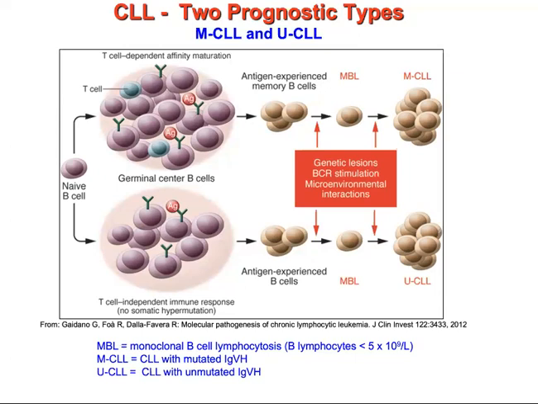IgVH stands for immune globulin heavy chain variable regions. Those are the somatic mutations that, when the cell is maturing, tell us the antigenic specificity, okay? So there is mutated and there is unmutated, all right? Mutated, it's good. It places the patient in good prognosis. Unmutated, it's really not that good, okay?